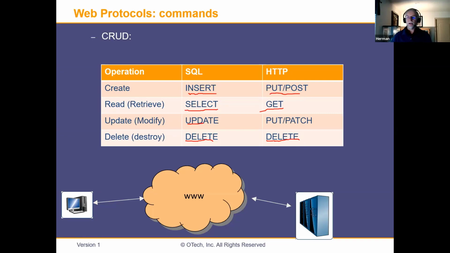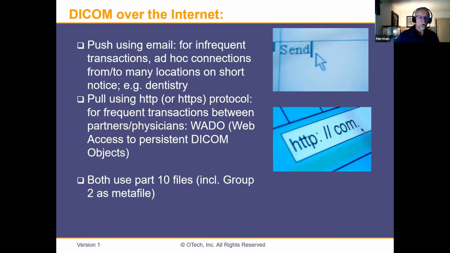Okay, so how do we do DICOM over the internet? We can using email or HTTP, right? Email, it's a little bit of a niche application, and there's actually a very good definition of email in DICOM, specifically for dentistry. For some reason, the dentists like to send occasionally a batch of images to their orthodontist or the surgeons, or the implant specialist or the labs.